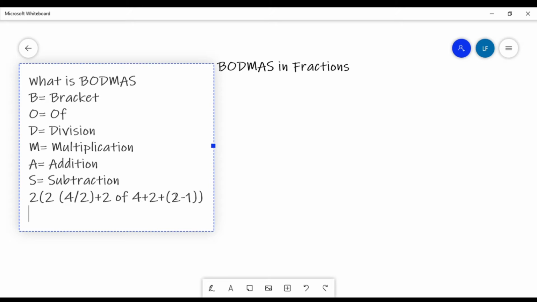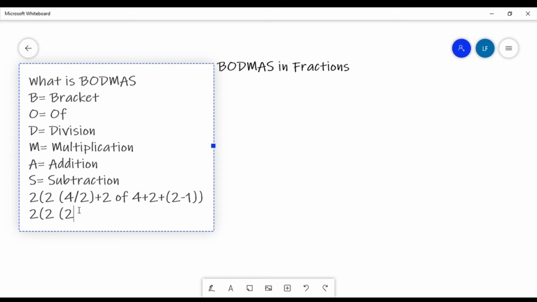So it'll be 4 by 2. We should not touch any of these other numbers yet. We can only touch them after we have finished with the innermost bracket. So 4 divided by 2 equals 2. Also worth noting is that a bracket also counts as multiplication.